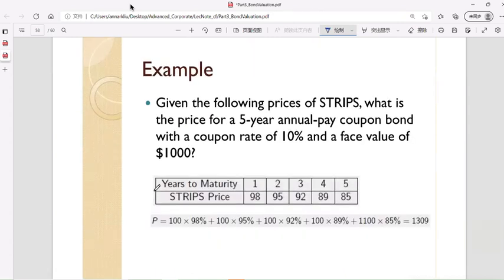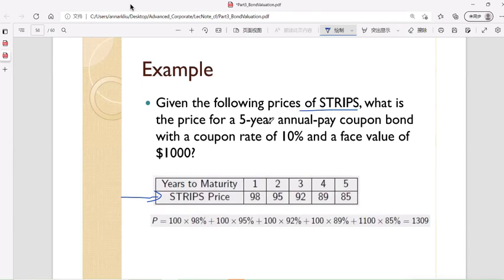So when you see the strip's price, you know what? Here, in this example, what do you know?